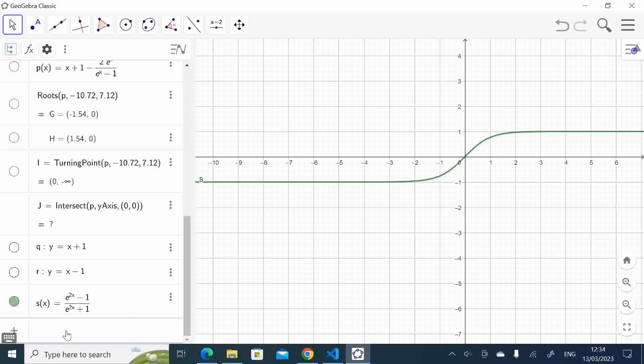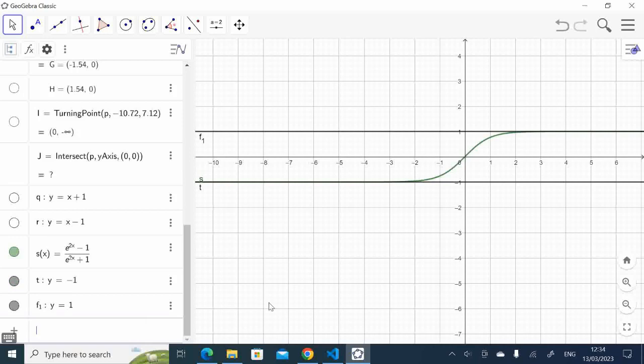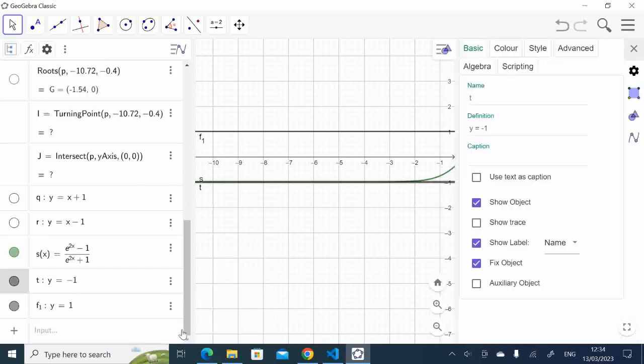If we draw the graphs now for the horizontal asymptotes, we have y equals minus 1. This is the first horizontal asymptote, and the second one is y equals 1. So these are the asymptotes. Let me draw them as dotted lines.